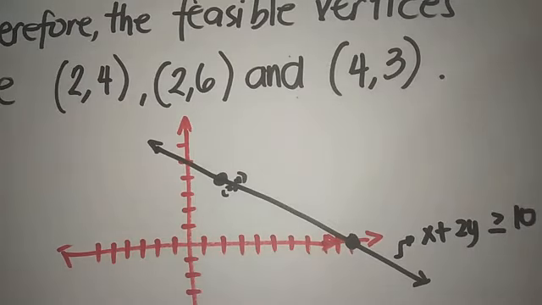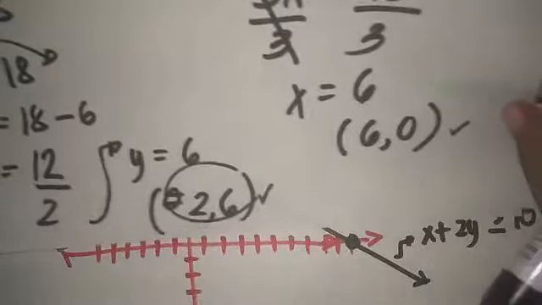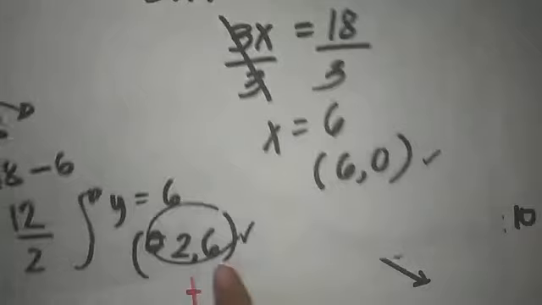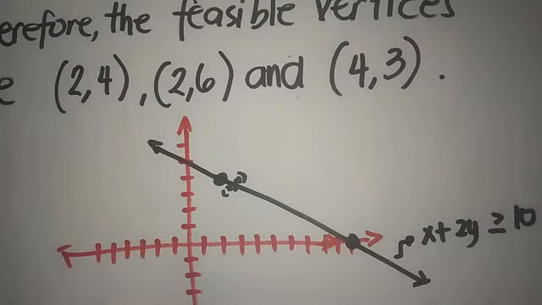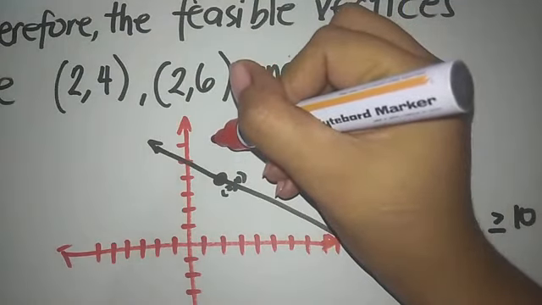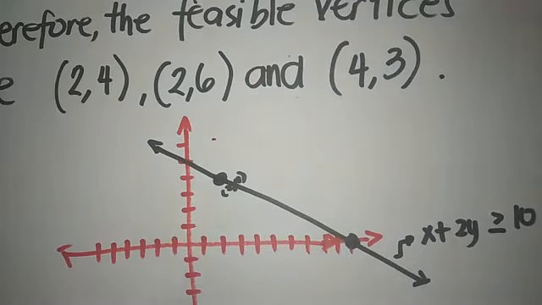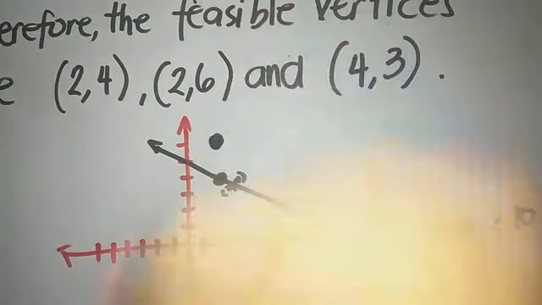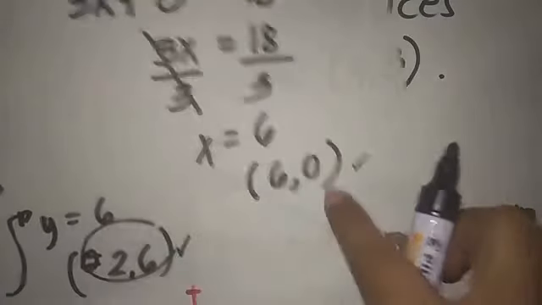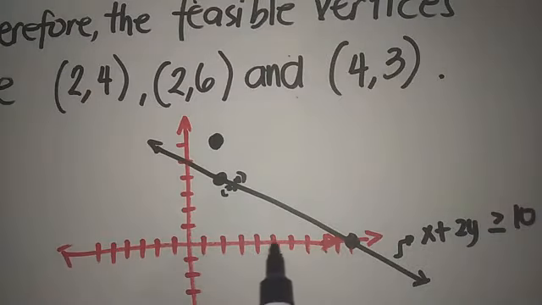Next, the next equation is 2 and 6. Positive 2 and 6. Then 6 and 0: 1, 2, 3, 4, 5, 6.